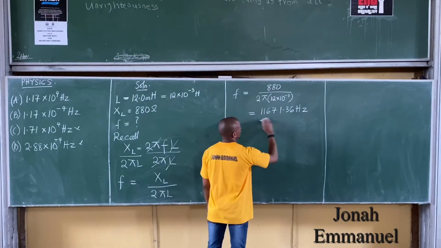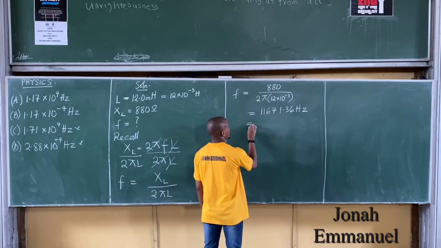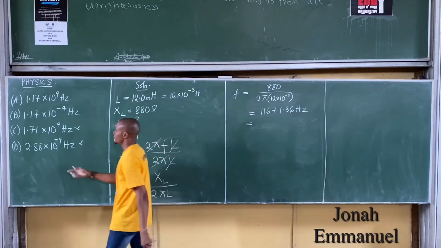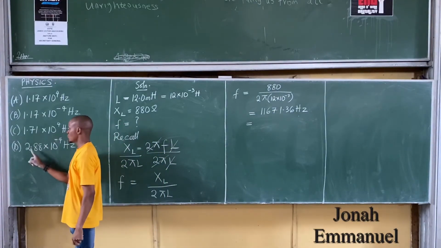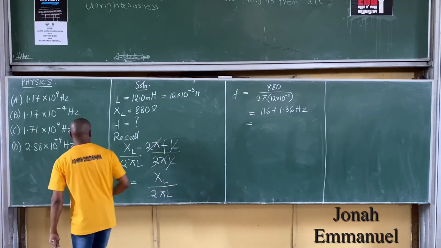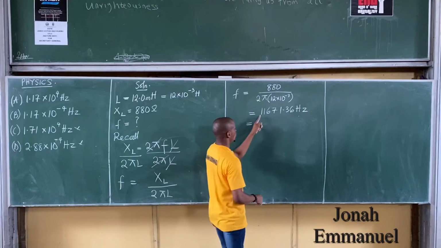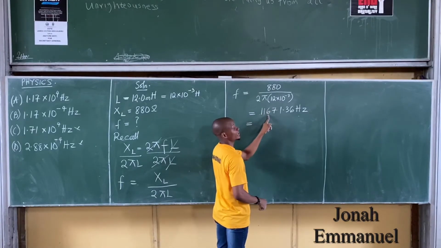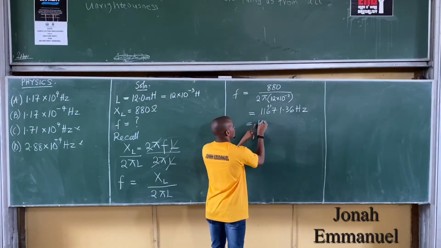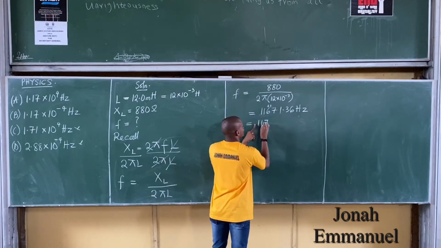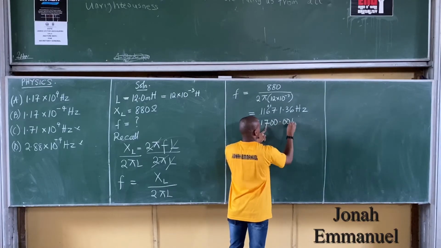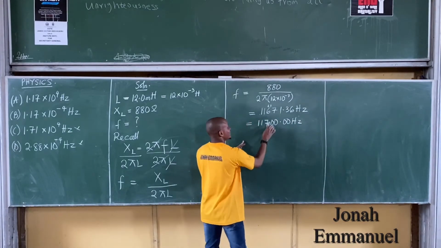If I do approximation, you observe most of the figures here are given in 3 digits, so I will approximate to 3 digits. The 7 is a plus 1, so having 1, 1, 6 plus 1 gives 117, then 0, 0 hertz.